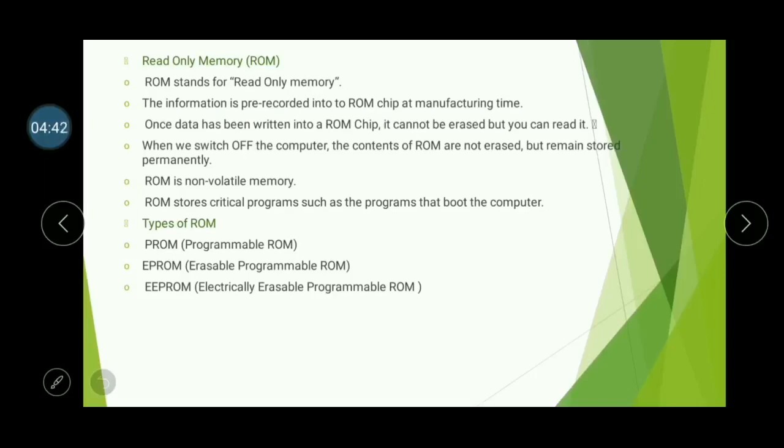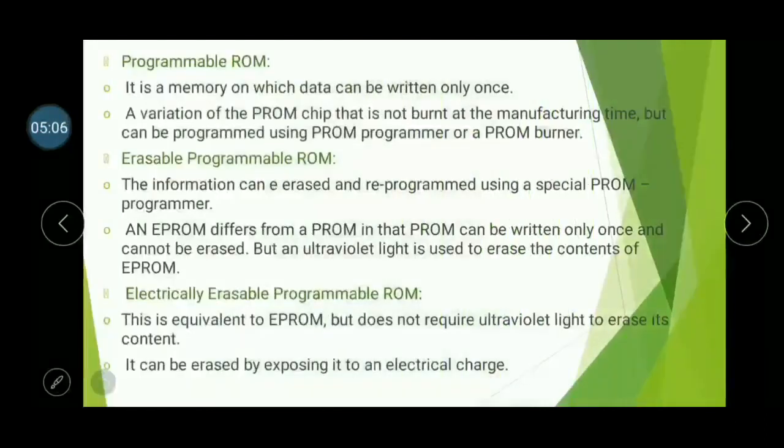ROM stores critical programs such as programs that boot the computer. Types of ROM: PROM, programmable ROM; EPROM, erasable programmable ROM; EEPROM, electrically erasable programmable ROM. These are the types of ROM. Programmable ROM means it is a memory on which data can be written only once.